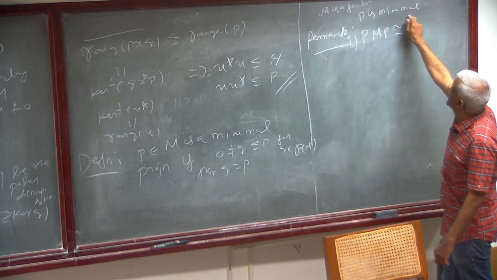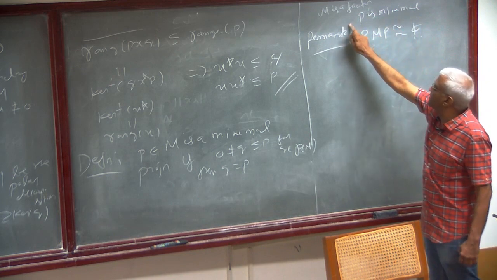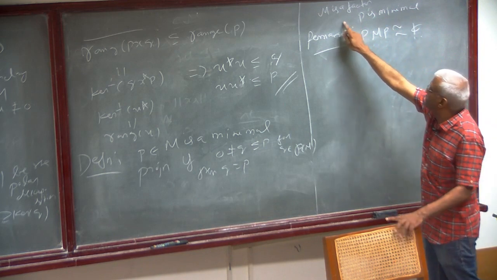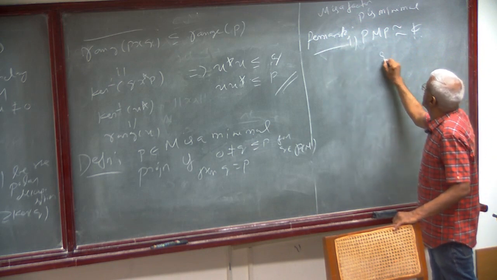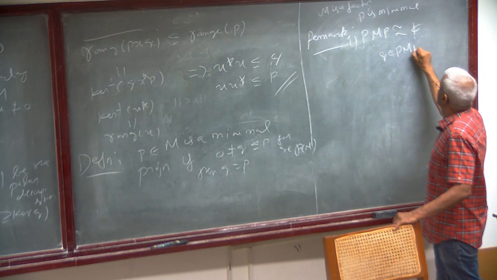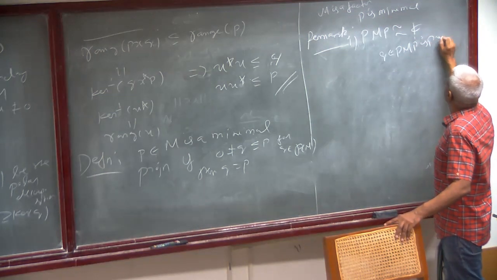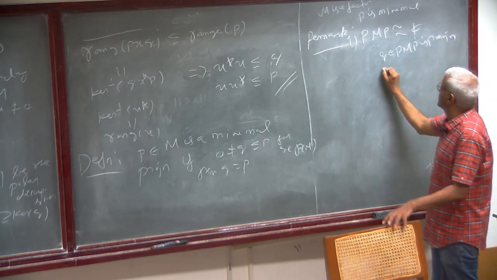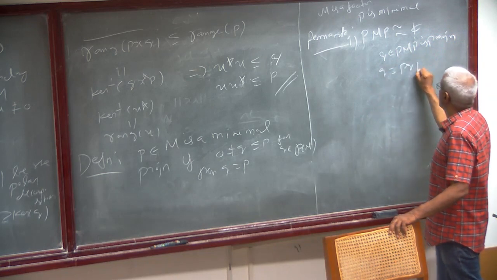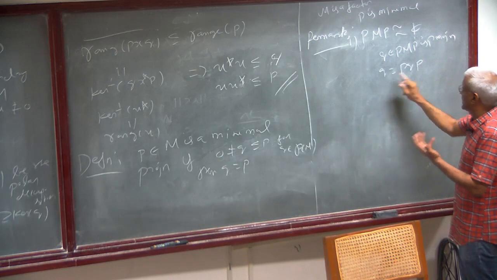P is the minimal projection, means P cannot contain a projection less than this. If it has a non-trivial projection, suppose Q in PMP is a projection, then Q is equal to PQP, right? Okay, this will look like this.